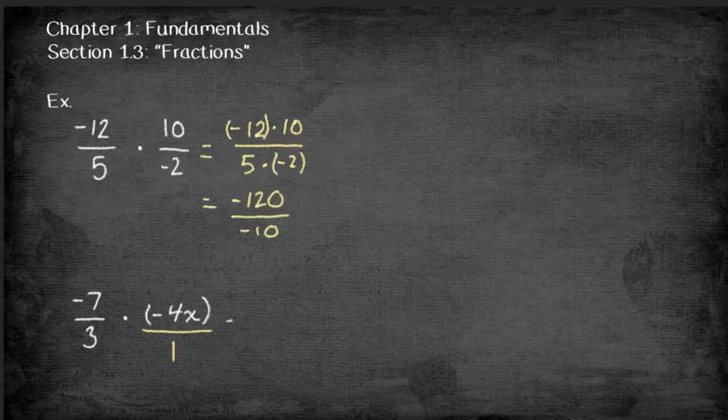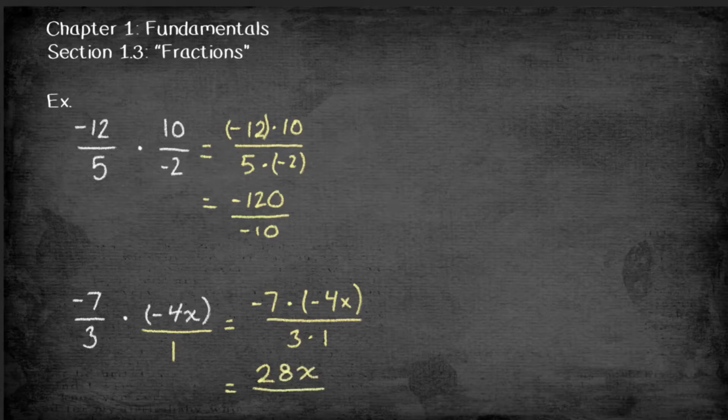So there we get negative 7 times negative 4x divided by 3 times 1. Negative 7 times negative 4 gives me 28x divided by 3.